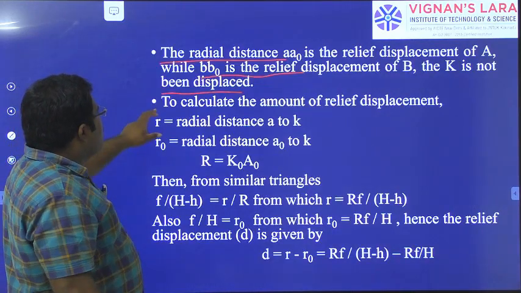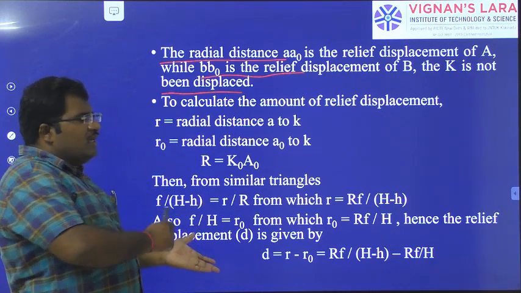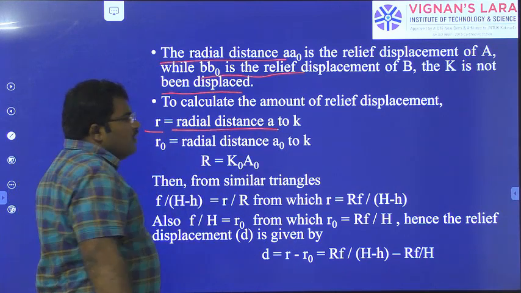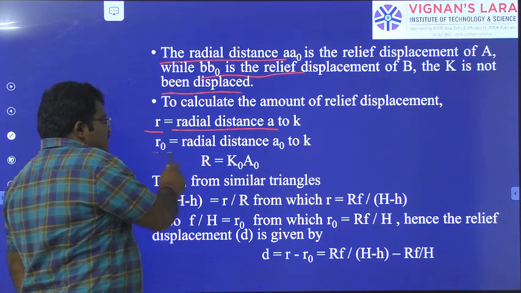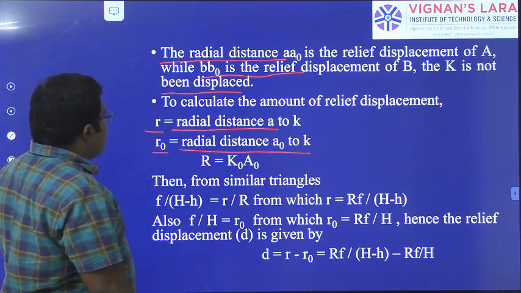Next, to calculate the amount of relief displacement, R is the radial distance of A to K, and R0 is the radial distance of A0 to K. That is what is there in the diagram.